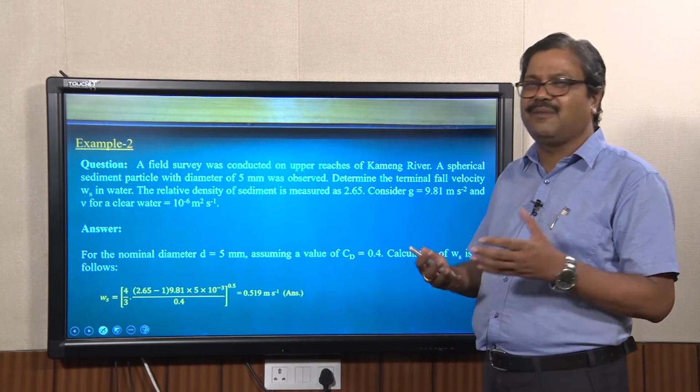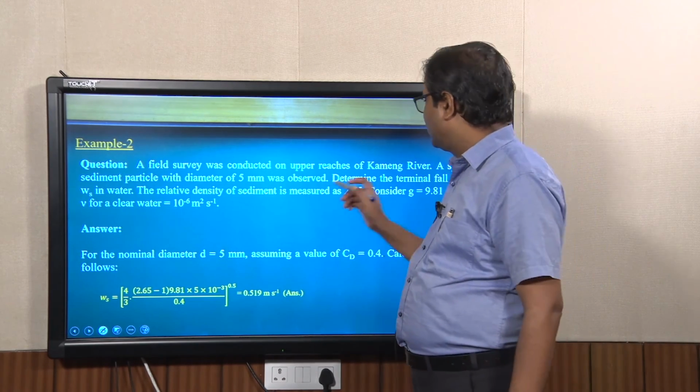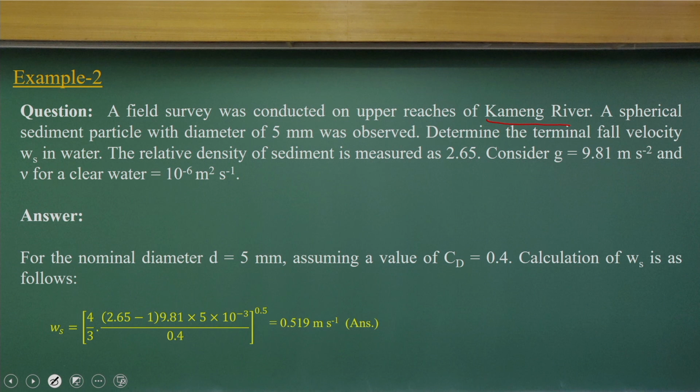Let's have a simple example. A field survey was conducted in the Kameng River, part of the Brahmaputra. The sediment particle size is 5 mm, and we are determining the fall velocity. The relative density G is given to us, along with the kinematic viscosity. Just substitute into the formulas and you can get the Ws value.